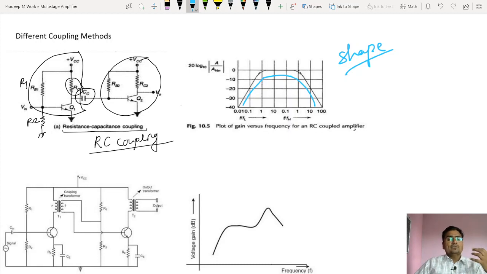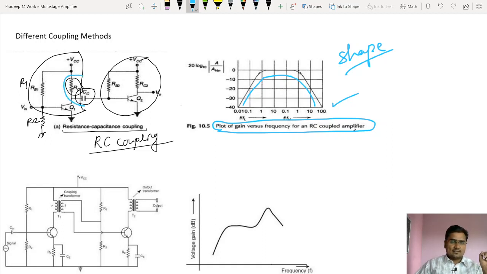So if I'm using RC coupled amplifier, no matter whether I'm using single stage, two stage, three stage, four stage, no matter how many stages are there, the frequency response will remain same. The shape of frequency response will always remain same. Look at the plot of gain versus frequency of RC coupled amplifier. So what is this RC coupling?